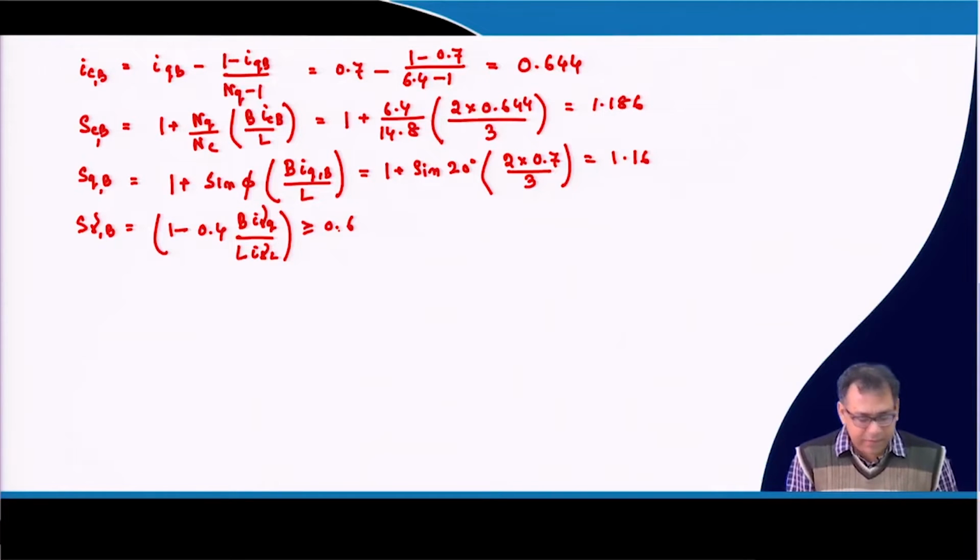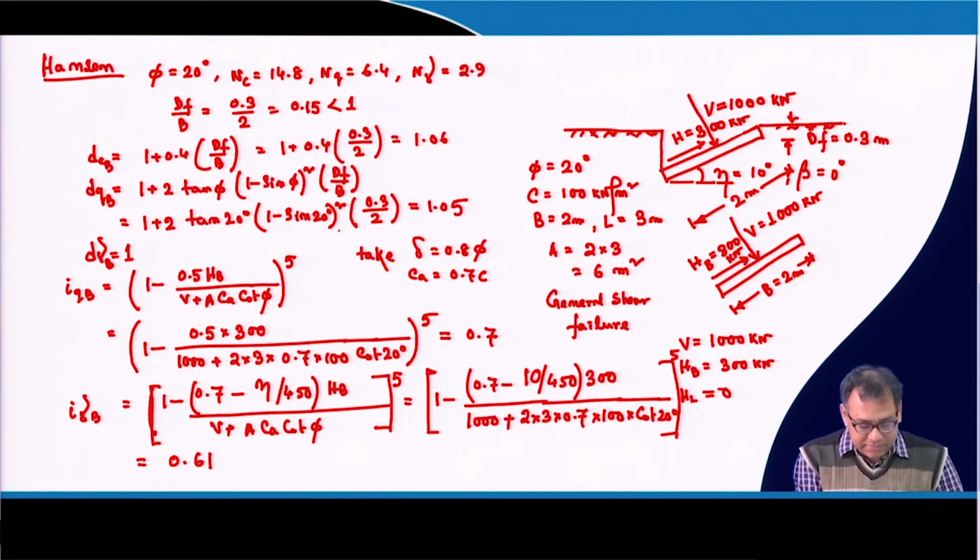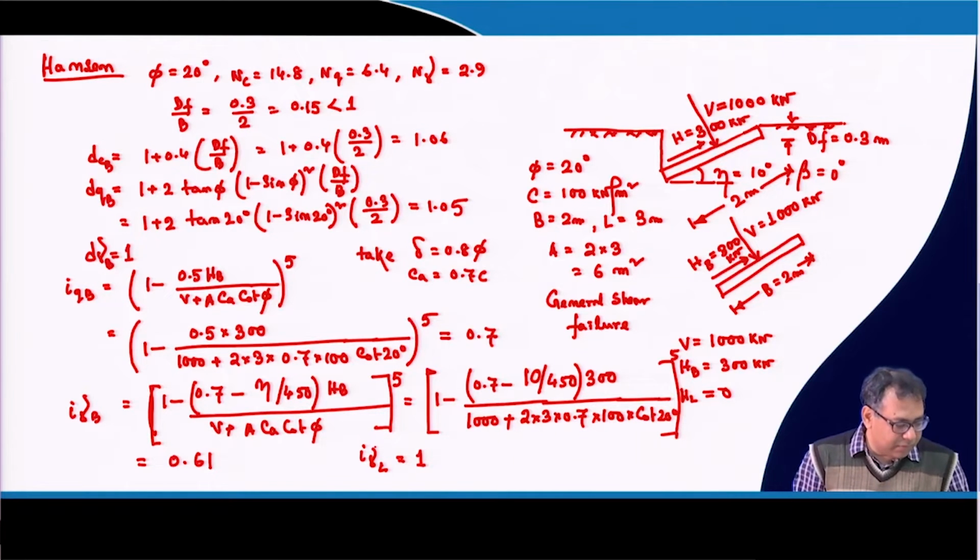In this part, in place of HB you have to write HL, and HL is equal to 0. So, that whole term will be 0, and it will be only 1 to the power 5, which is 1.